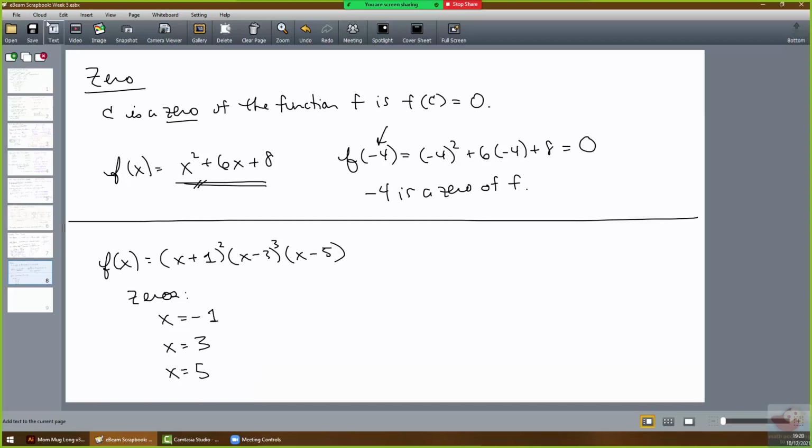Related to your zeros is the concept of a multiplicity.